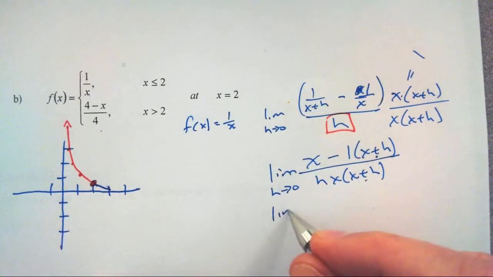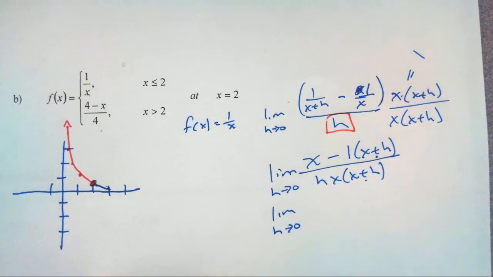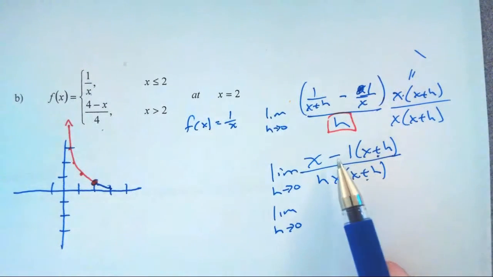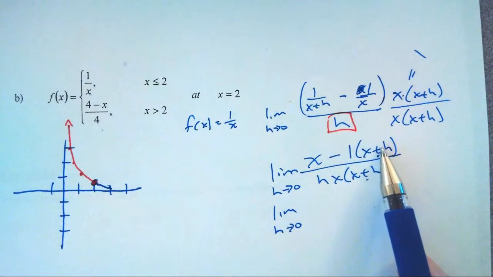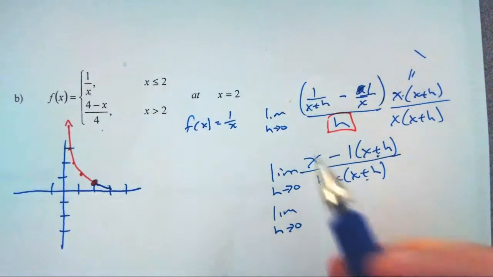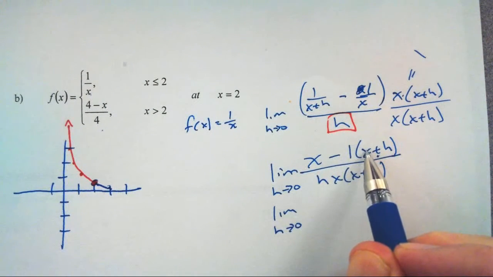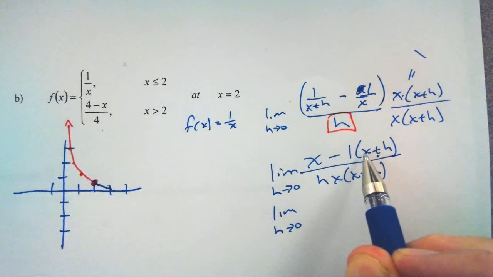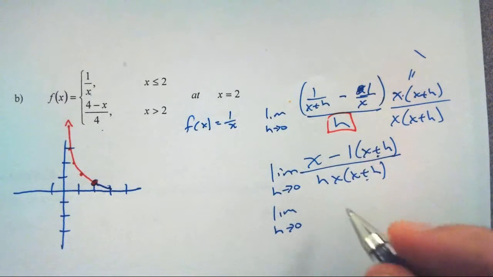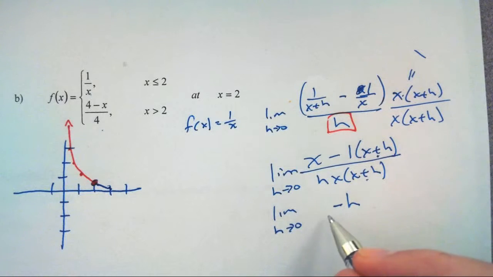So what happens? You know what's always going to happen if I do it right? Anything that doesn't have an h in it in the numerator is going to go away. I get an x. I get a minus x. They cancel, and what else do I get? A negative or a minus h. Very good.